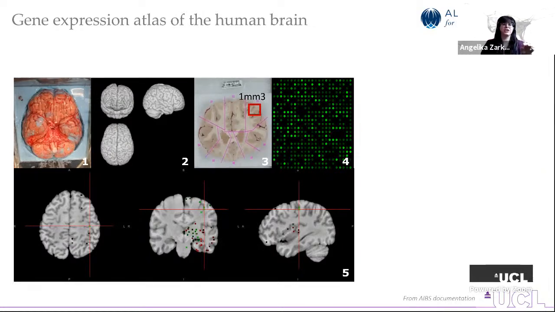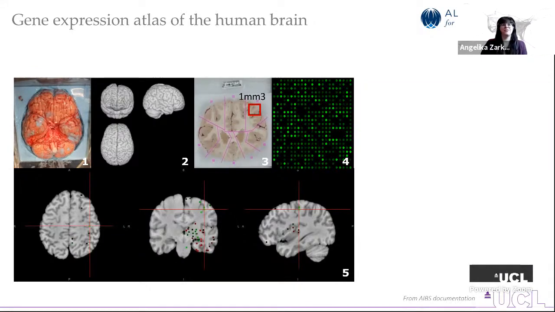Then they took very, very small 1 cubed millimeter volume areas from the brain. They took this little piece, blended it together, and did gene sequencing for thousands of genes. They measured how much each of these genes was expressed in this area, and then they repeated the process for many different areas.